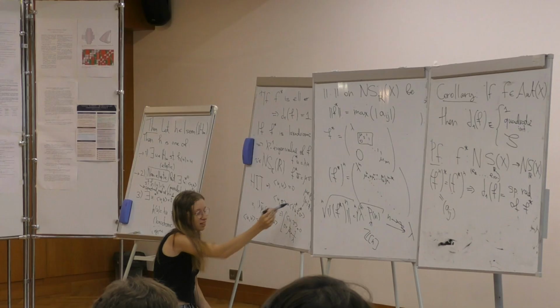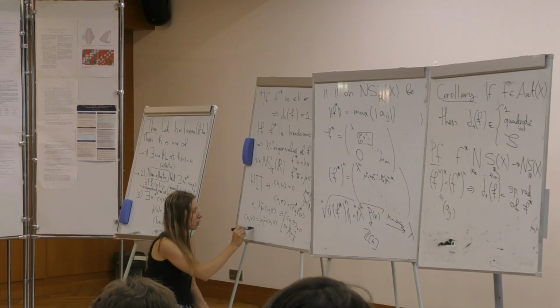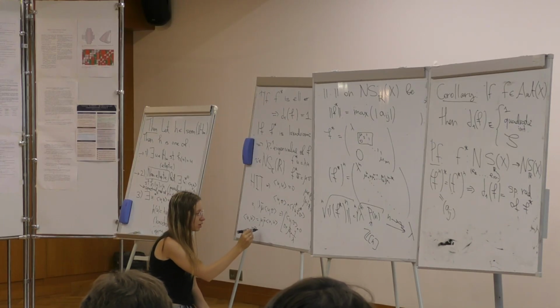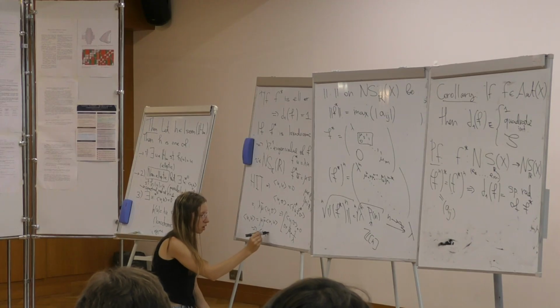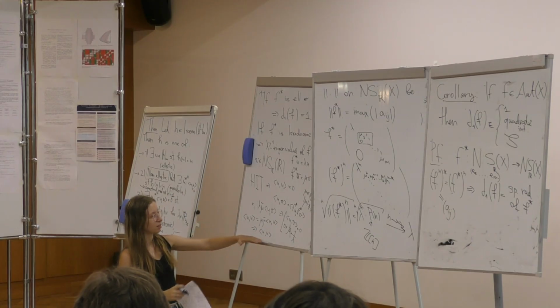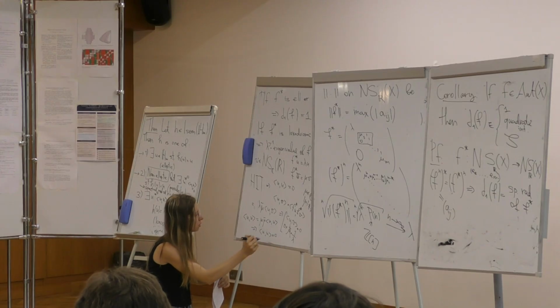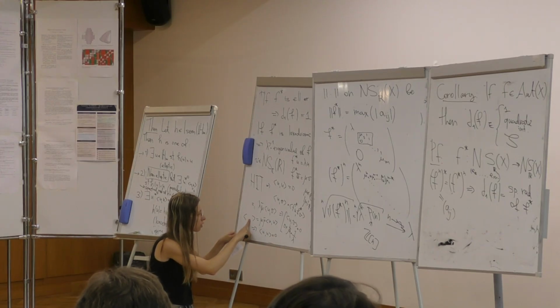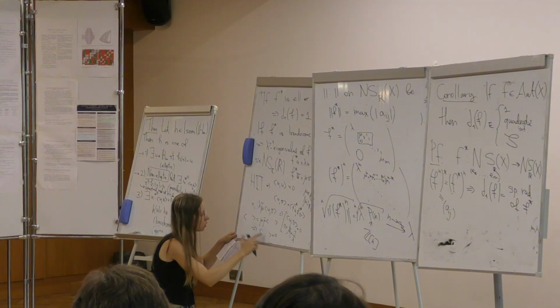Then since the absolute value of mu is not equal to 1, we get that v is isotropic.